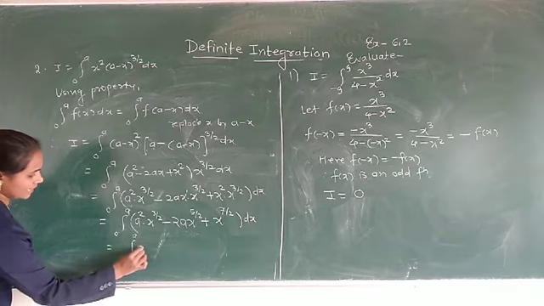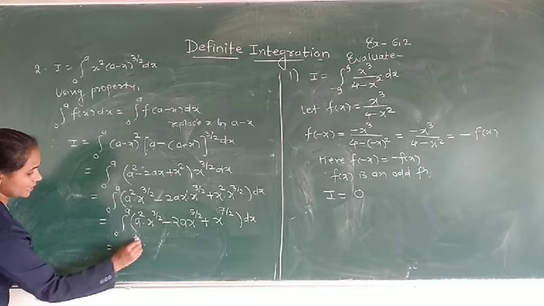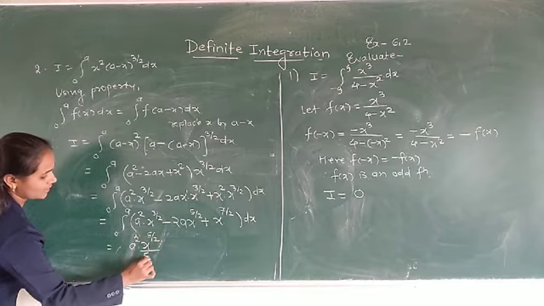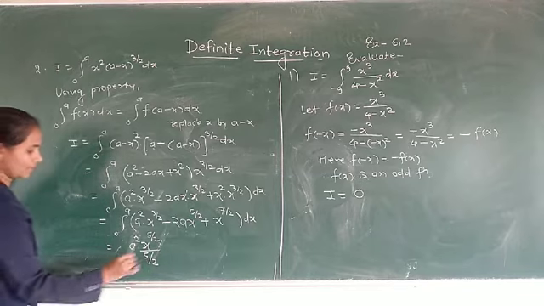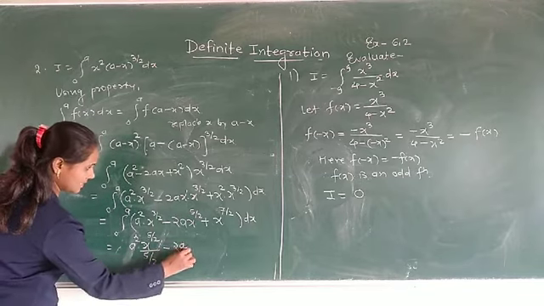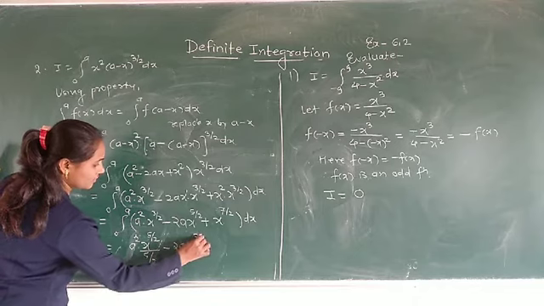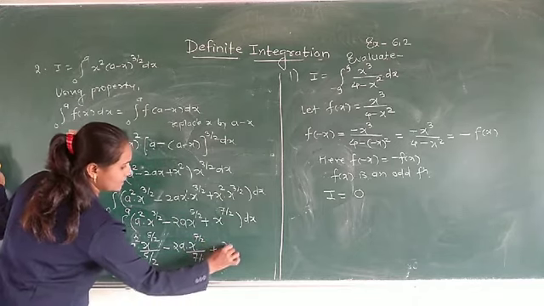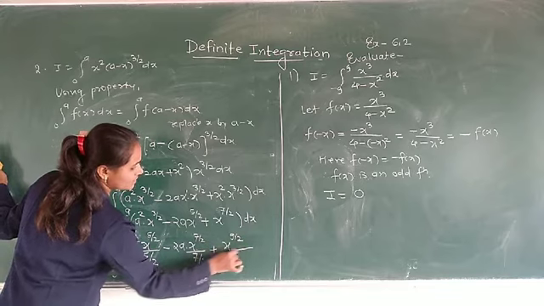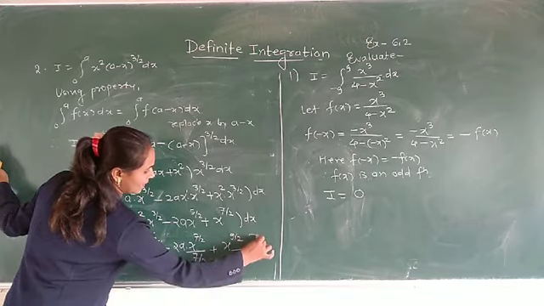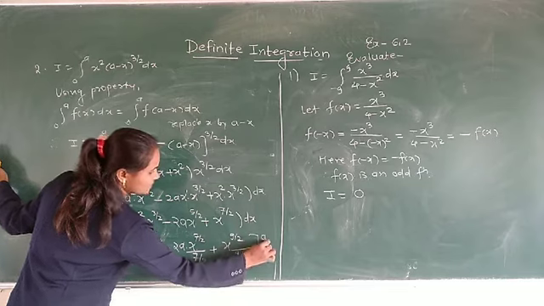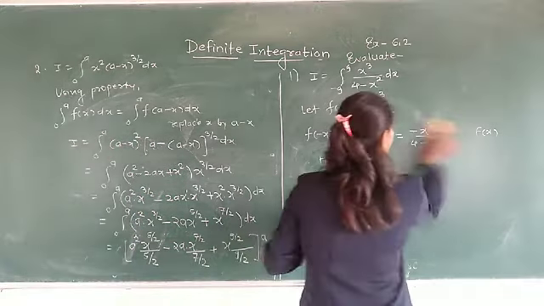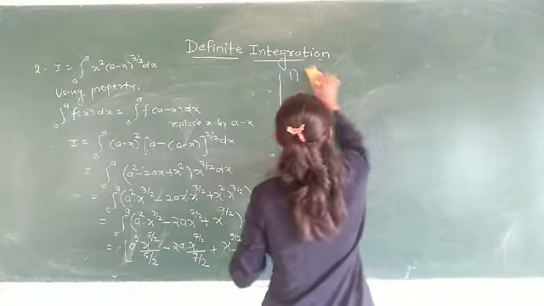Integration 0 to a, a square is constant. Integration of x raised to 3 by 2 is x raised to 3 by 2 plus 1, 5 by 2, upon 5 by 2, minus 2a as it is. Integration of x raised to 5 by 2 is x raised to 7 by 2 upon 7 by 2, plus x raised to 7 by 2 plus 1, 9 by 2, divided by 9 by 2, and limits of integration are 0 to a. First we simplify, then use upper limit and lower limit.